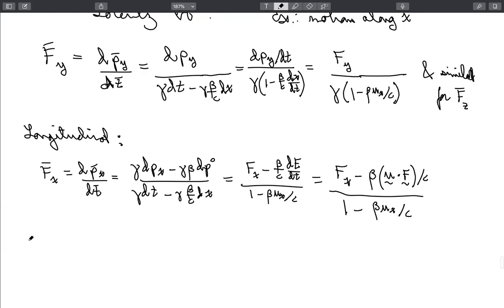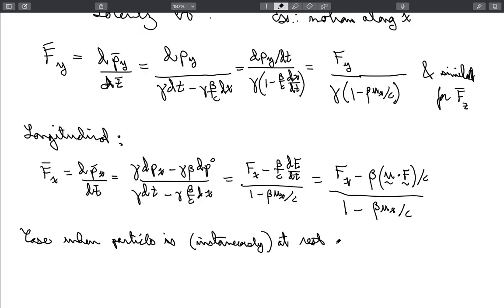So you can take a specific case that'll be useful later: the case when the particle is instantaneously at rest in the original frame.